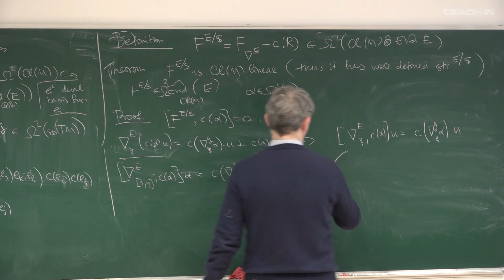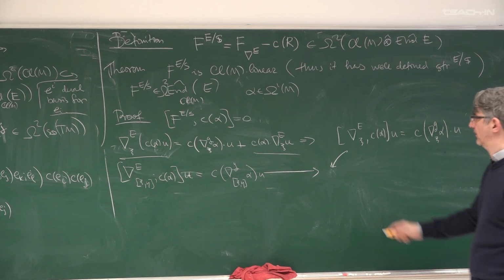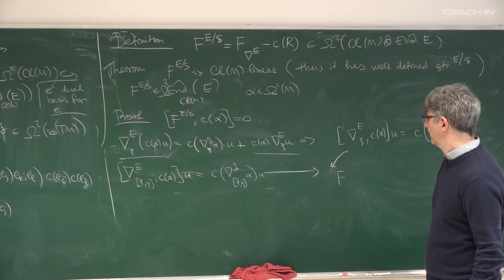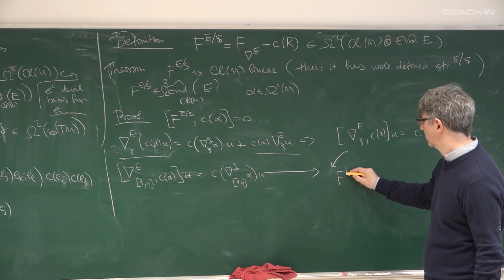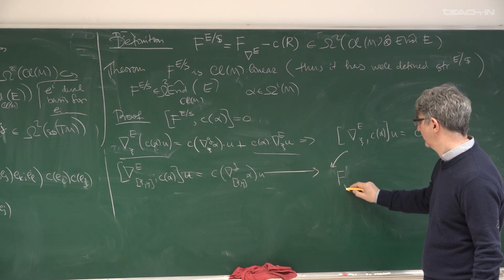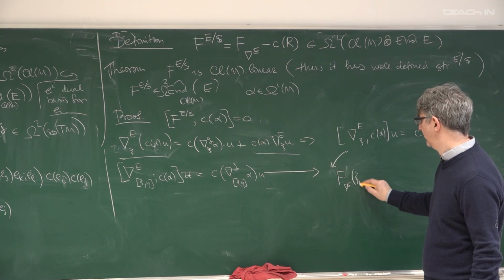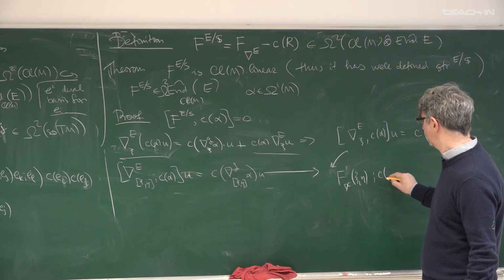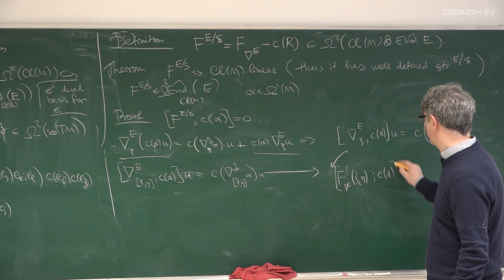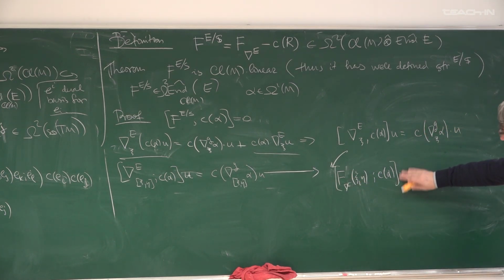From these two formulas, we should obtain something very simple, that the curvature of the connection E calculated on two vector fields xi and eta, and after taking the commutator with alpha, is what? On section U. What is it? Let me check if I write it correctly. Yes. What do you think about that?